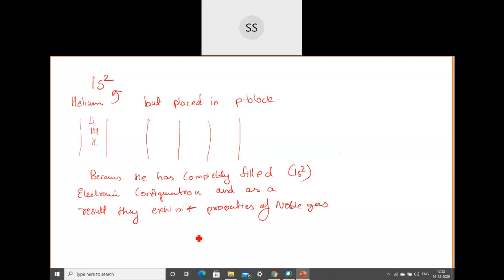Metal oxide with hydrogen. If you take metal oxide with hydrogen, it depends on the condition also.